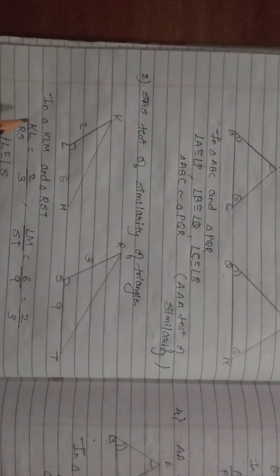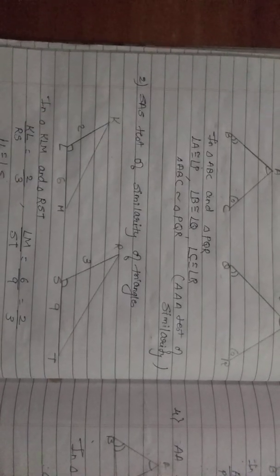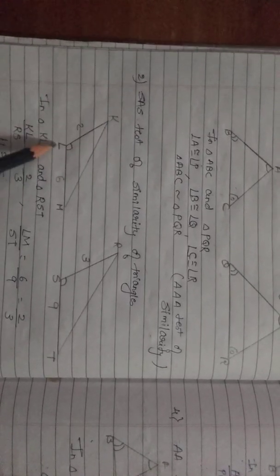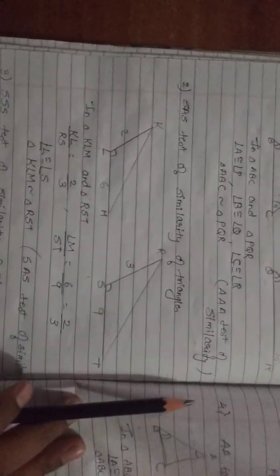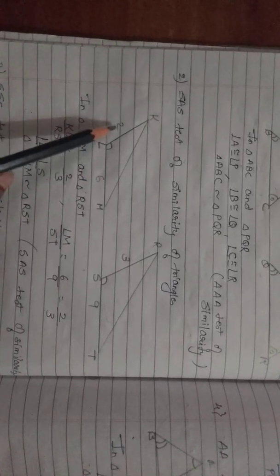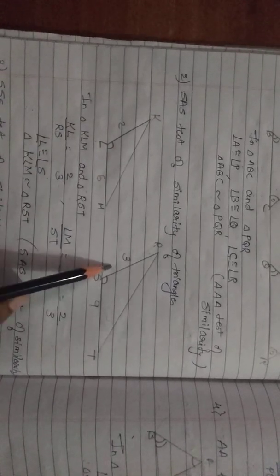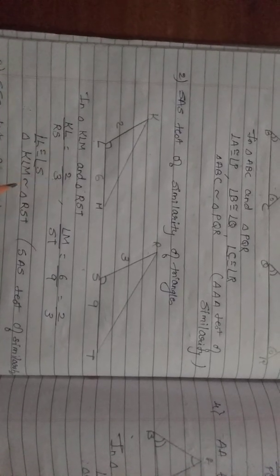Second one, the SAS test. What do we mean by the SAS test? Two sides and one angle. In triangles KLM and RST, KL upon RS, KL is 2, RS is 3, so the corresponding sides give 2 by 3.